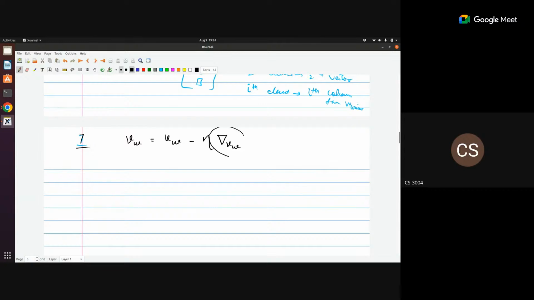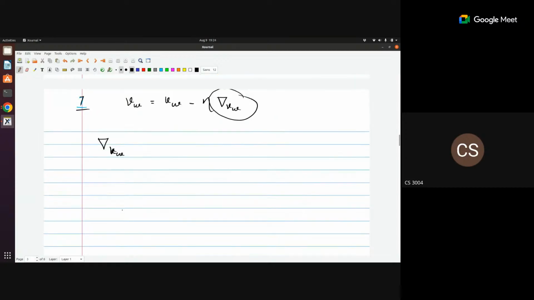Now, what we need is this gradient of loss with respect to VW, right? What is the loss? The loss is that softmax, right? And in the lecture, there is a derivation for that. I will not get into the derivation because it's already very clearly explained there. So this gradient of loss with respect to VW comes out to be minus UC times 1 minus YW hat.